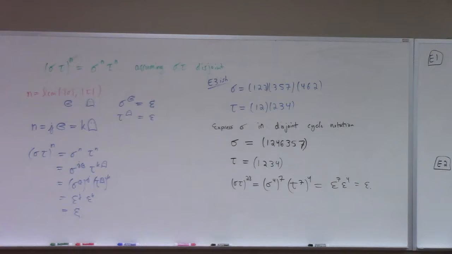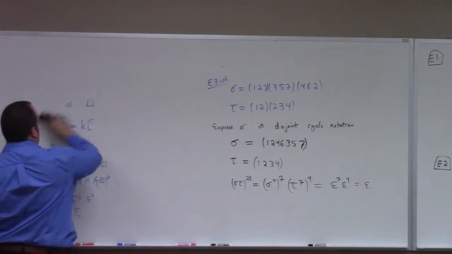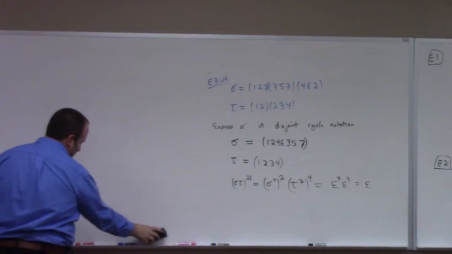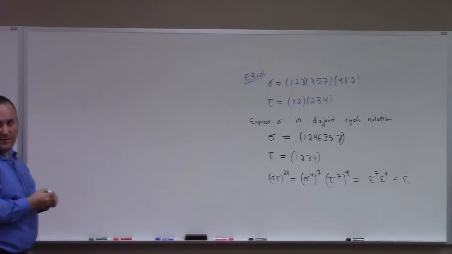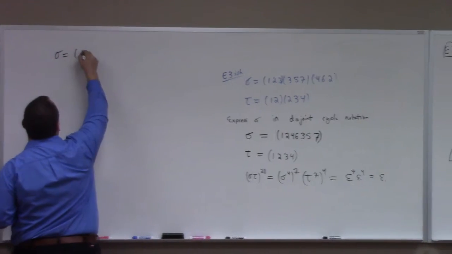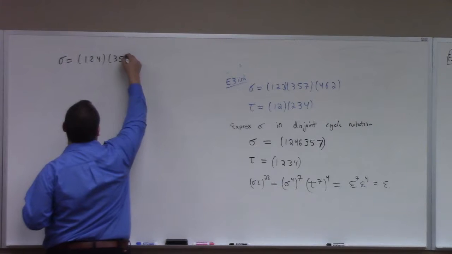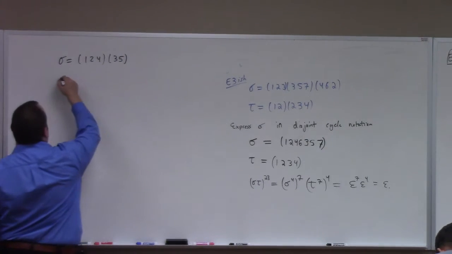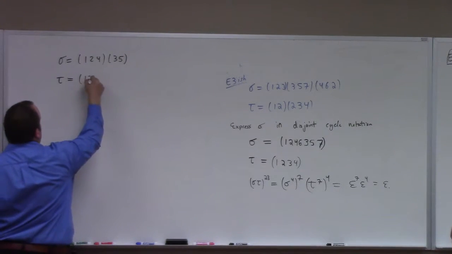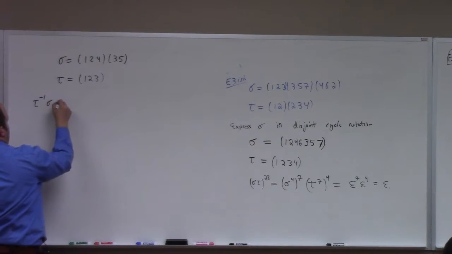Exactly. How about what happens when you conjugate a permutation? Unless you guys got a question, we could do one of those. Like what happens when I take something like sigma equals (1 2 4)(3 5), and I say tau is equal to (1 2 3), and I calculate tau inverse sigma tau, what happens?